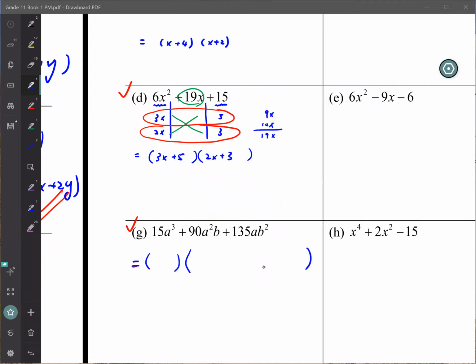You can double check if you still have GCF. Sometimes the number you take out is not big enough. So double check. Please raise your hand if you have the GCF taken out.